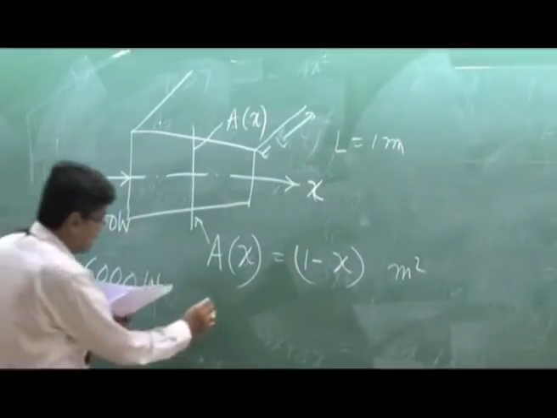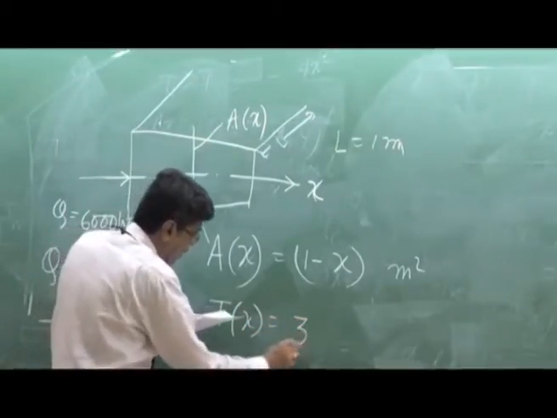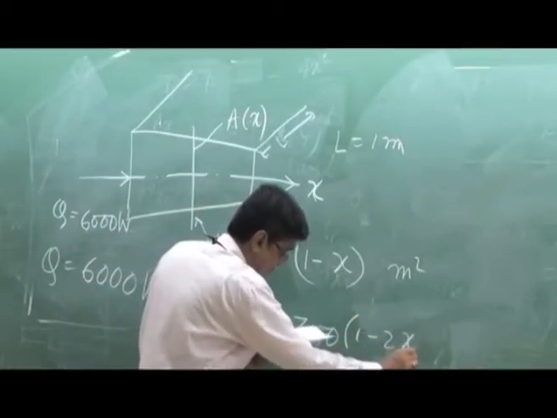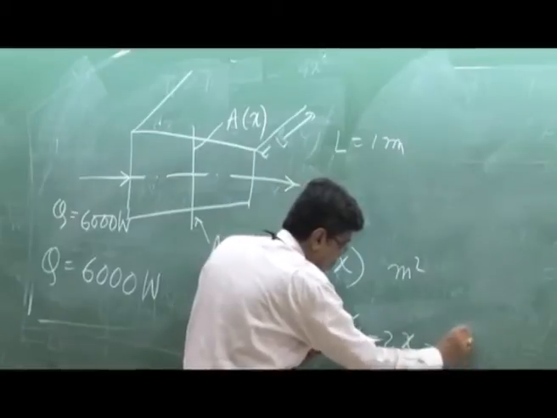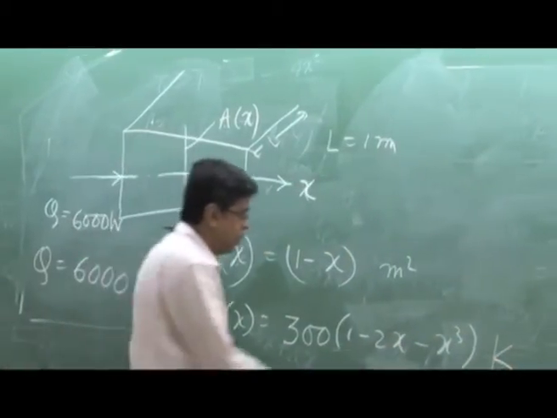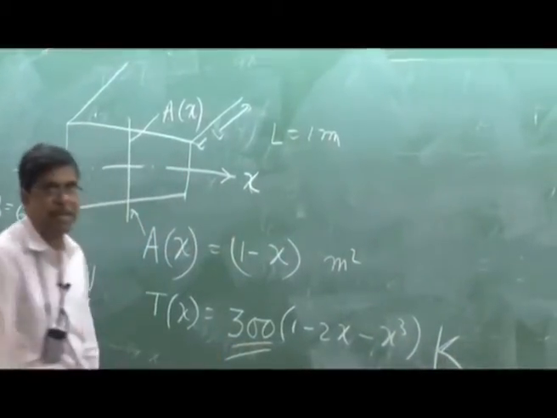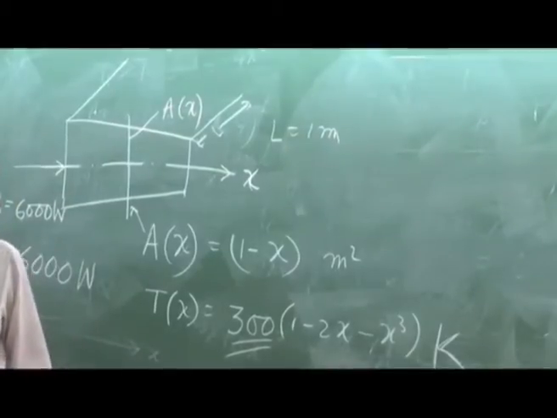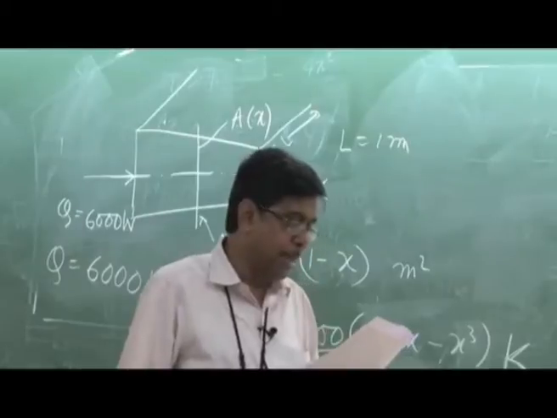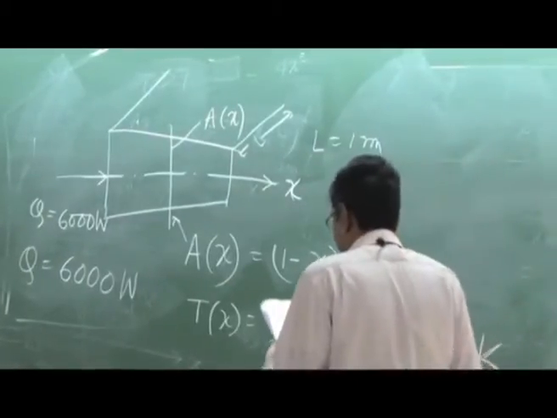The temperature distribution as measured experimentally is 300 into 1 minus 2x minus x cube. It is given in Kelvin, big K. X in meter and this is Kelvin, means 300, this constant is a dimensional constant. This will be Kelvin per meter. Oh no, Kelvin per meter cube, because 1 minus 2x minus x cube. This is given T(x).